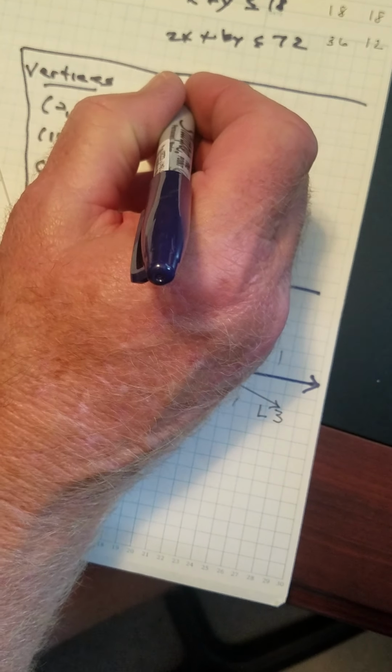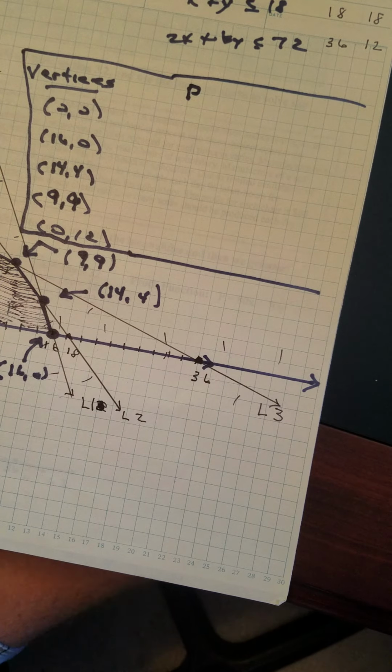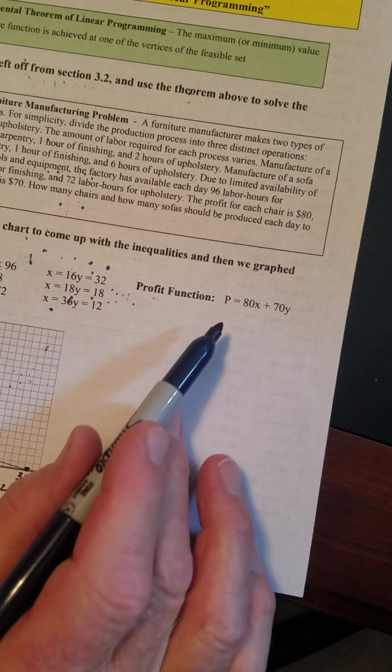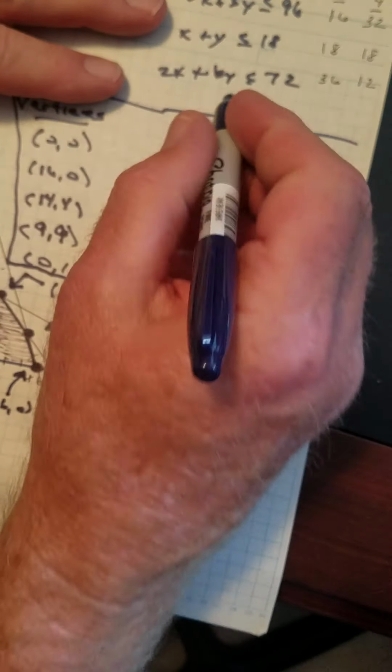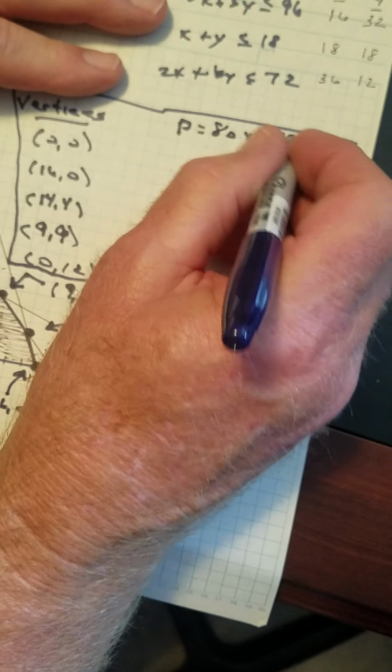Now, if you remember, I had a profit function. I know I'm switching back and forth all these sheets. My profit function was 80x plus 70y.